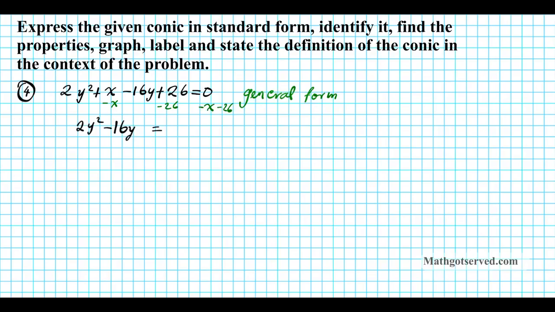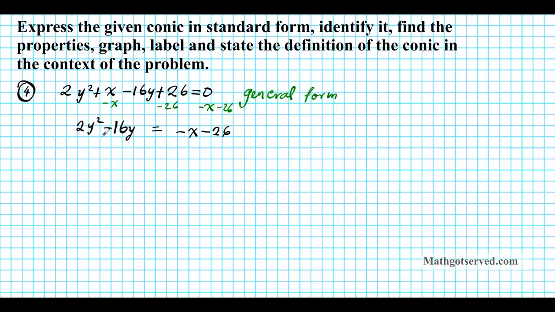So that's going to yield 2y squared minus 16y equals negative x minus 26. Okay? Now the goal is to create a perfect square trinomial on the left side and express that quantity as a perfect square with no coefficient in front of the parentheses.